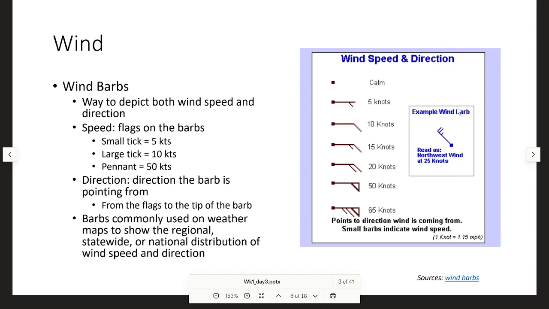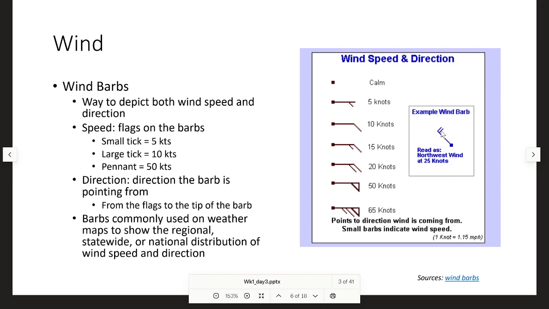So let's do this example. This is the direction it's coming from, where the ticks are, and it's going towards the little arrow point. Never eat shredded wheat, so it's coming from the northwest. So this is northwest, a northwesterly wind. And then to count them, you have 2 full ticks and a half tick.